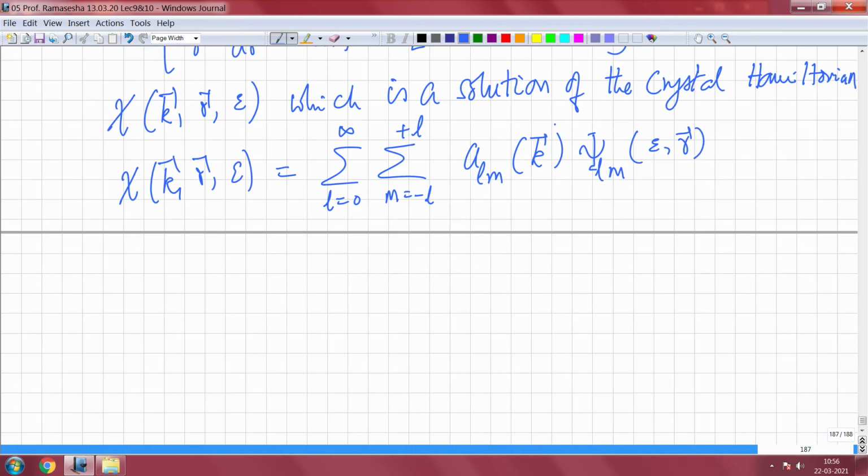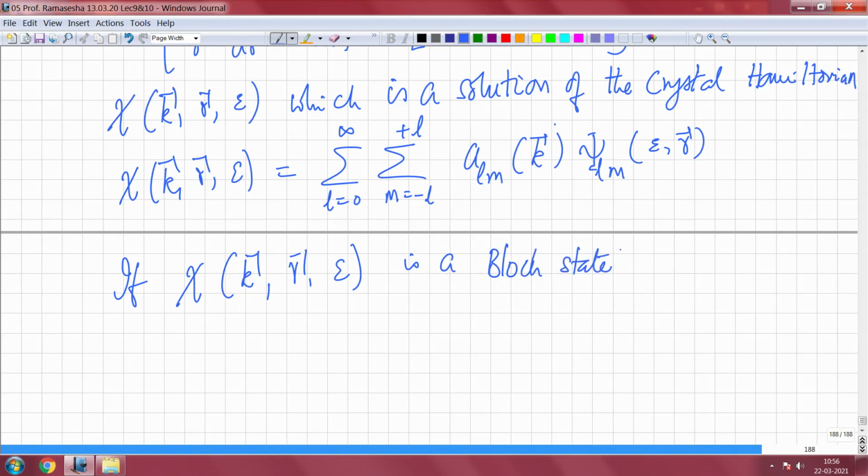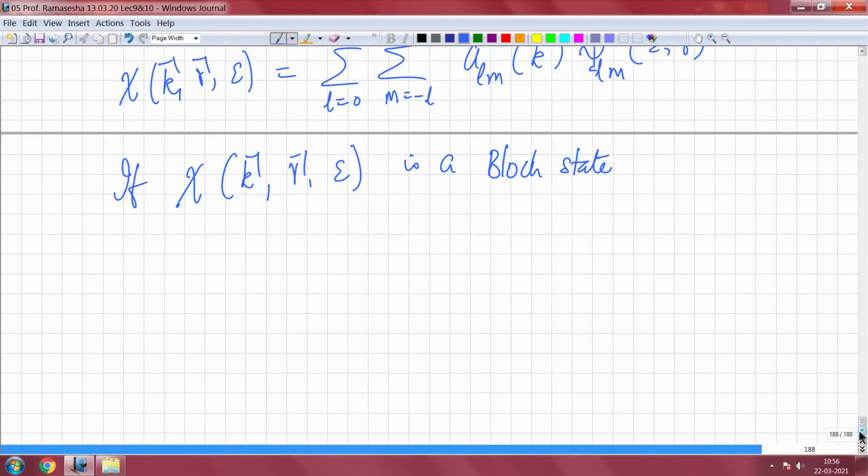Now, if chi k of r comma E is a Bloch state, then it must satisfy the Bloch condition. Okay, what is the Bloch condition? You have the polyhedra which corresponds to the Wigner-Seitz cell. So, let me just write one of those.